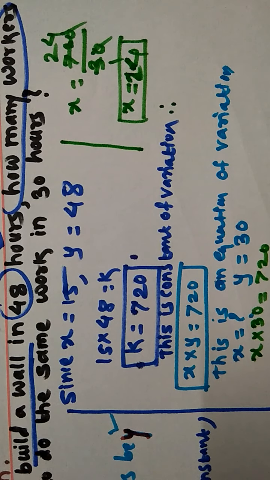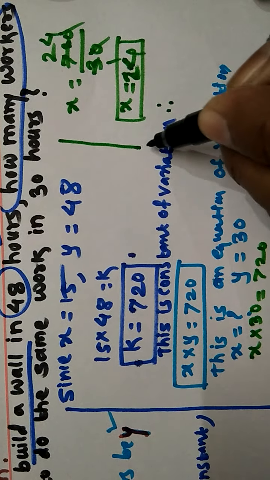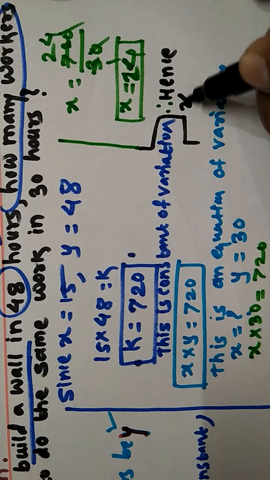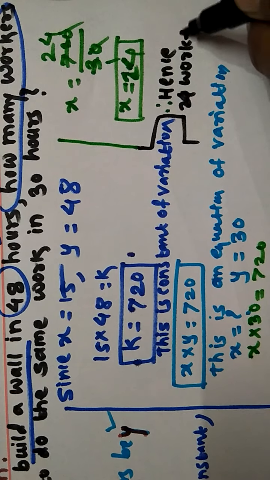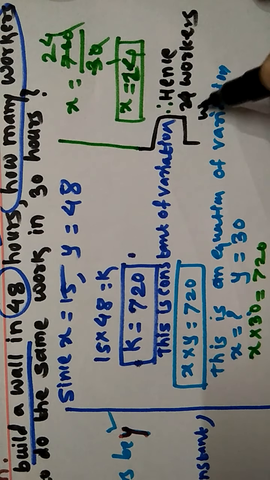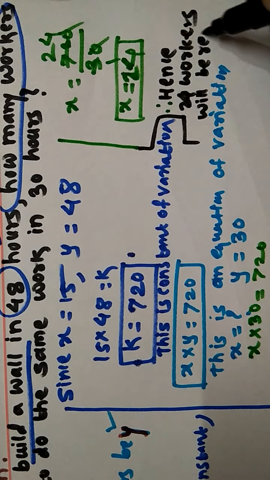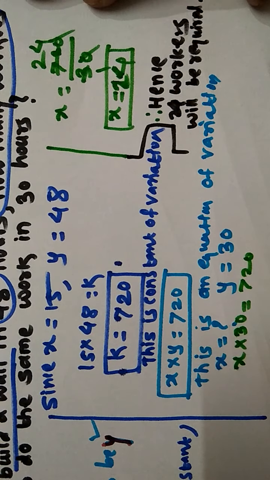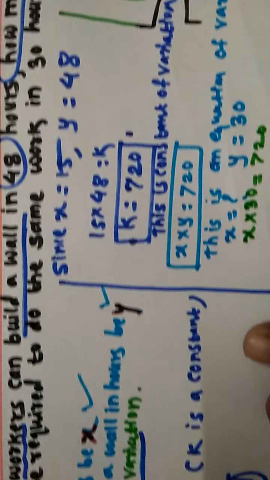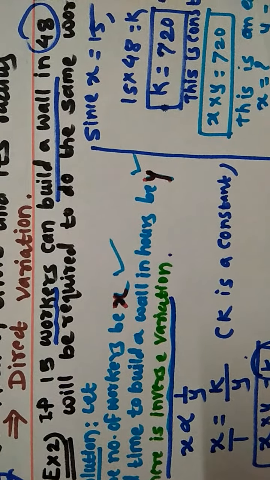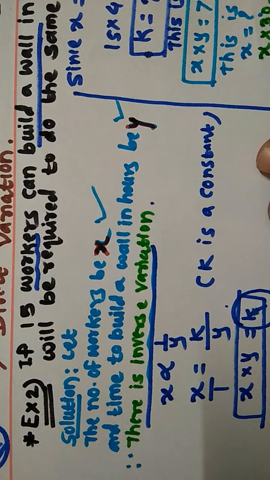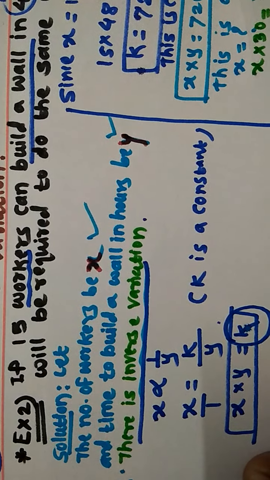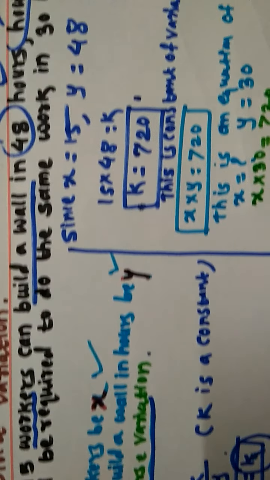Hence, 24 workers will be required. See the question carefully. Here we completed 2 questions to identify inverse variation, and this is another question number 2, a word problem.